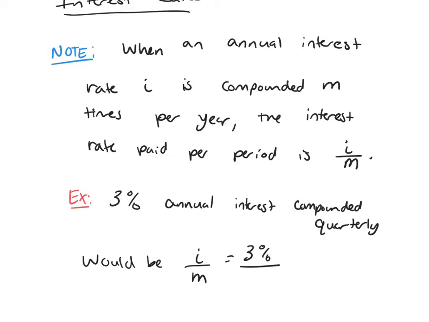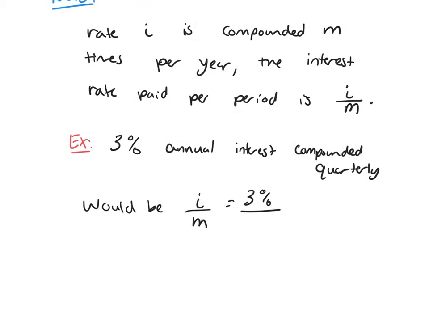M, if it's compounded quarterly, that means 4 times per year. So you would divide by 4 and get 0.75% interest paid per quarter.